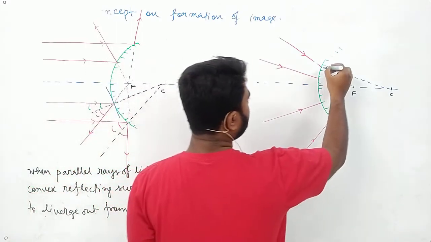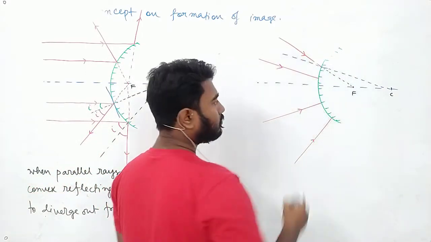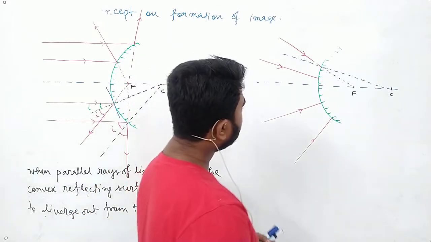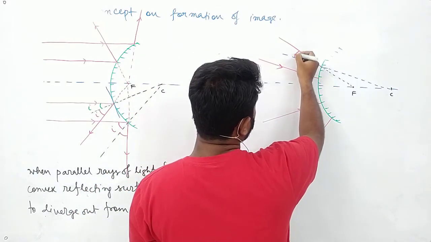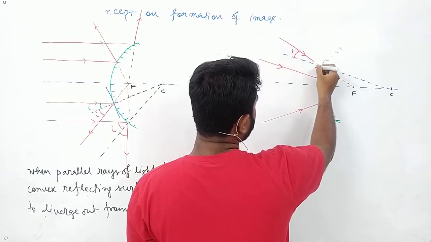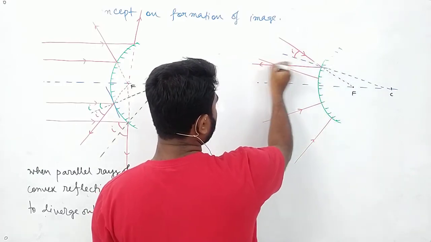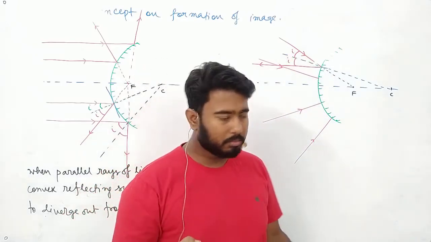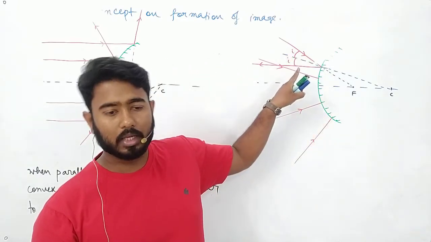And that line is always normal. Now, if this one makes an angle of I, it must get reflected back, making the same angle I, right?